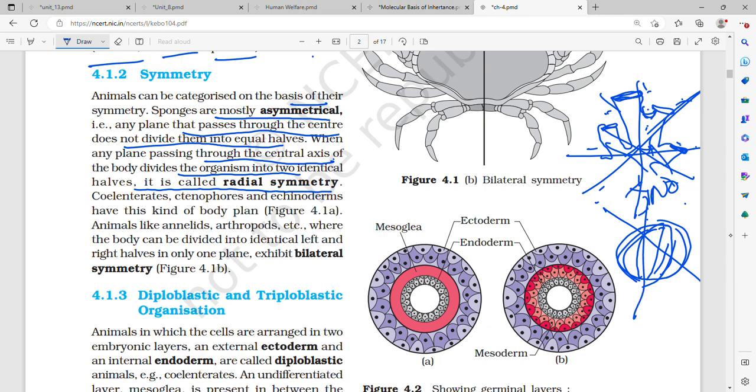From the center, I'm going to get identical. From here also, I'll get identical. So then we call it radial symmetry.